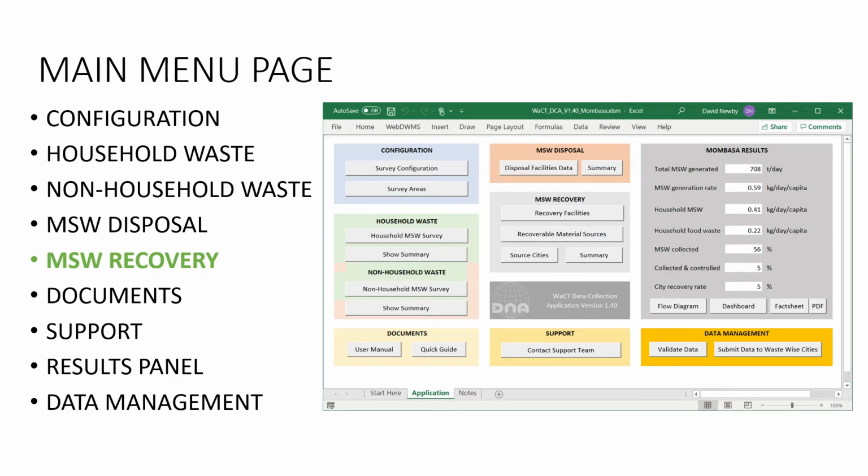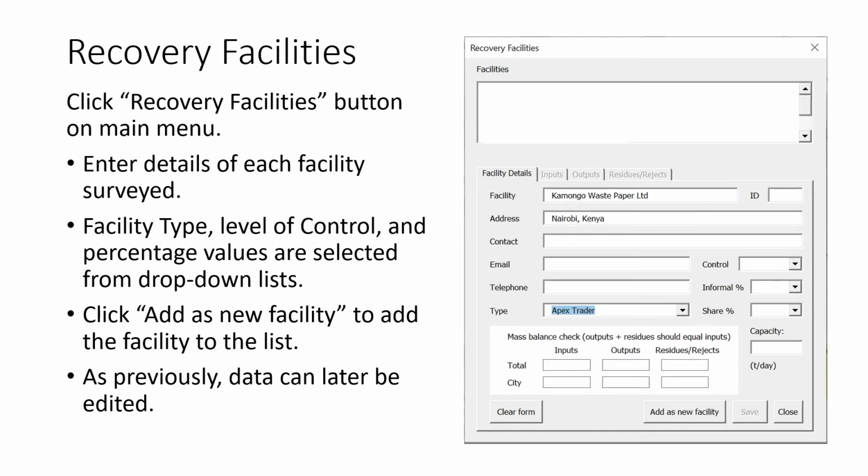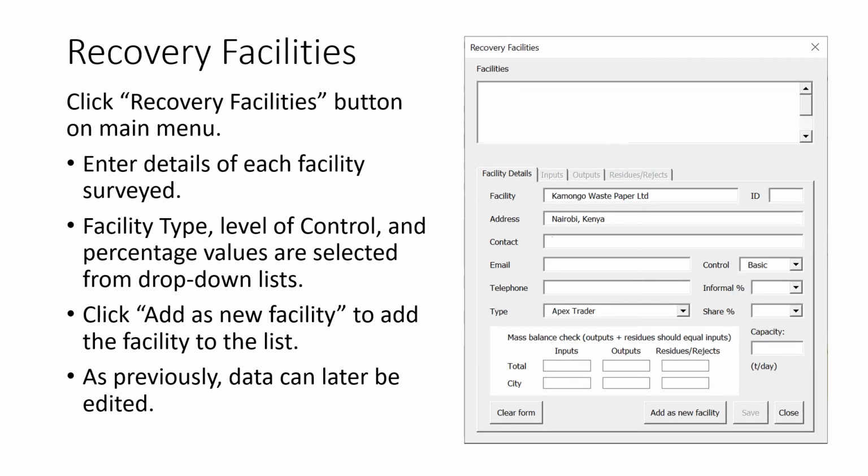And we can now enter data for municipal waste recovery facilities. As with previous forms, enter the data for each waste recovery facility, clicking Add New Facility to add each to the list. Be sure to enter the facility name and select from drop-down boxes facility type, control level. Click Add New Facility and repeat for all facilities.